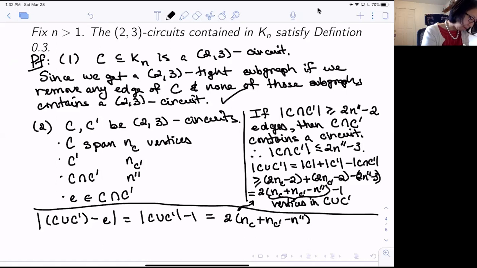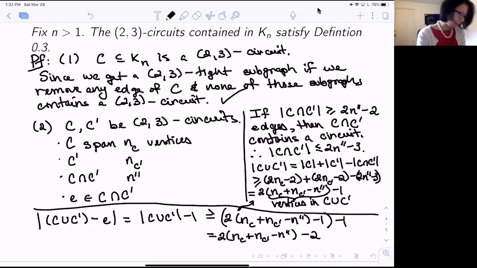So this should now be greater than or equal to, that's minus 1, and then there's the extra minus 1 here. So this is 2 times the total number of vertices in the union of those two circuits minus 2.